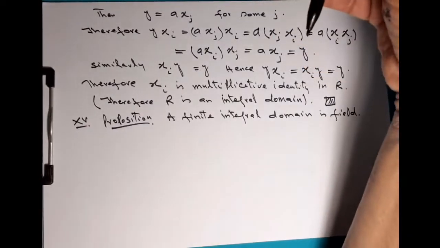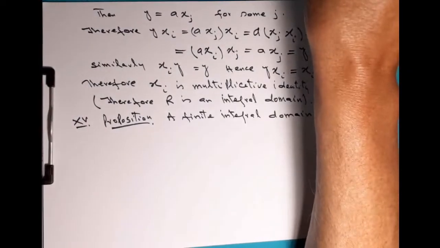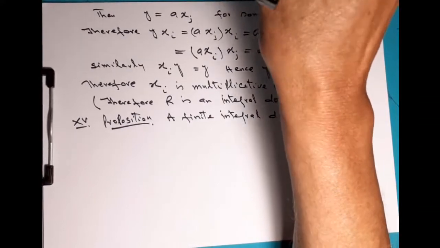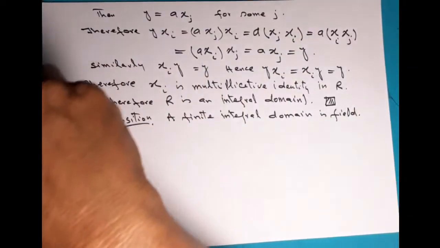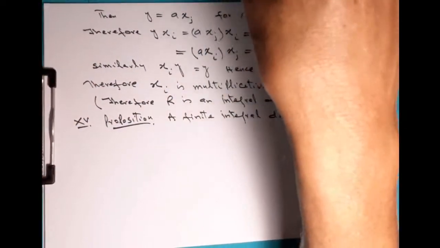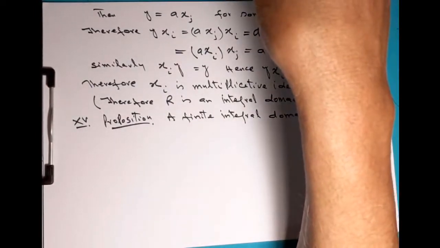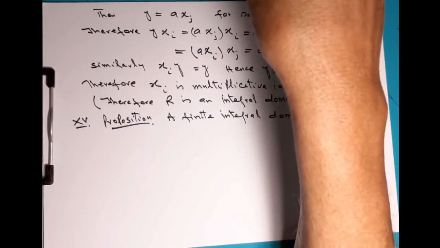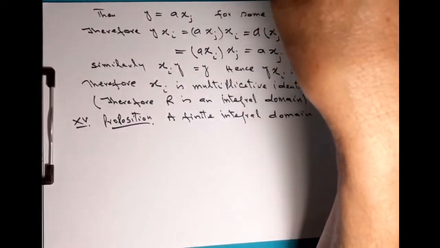I just recalled your knowledge that a field is a set with two binary operations. Under the first binary operation, it is an abelian group. The second binary operation, multiplication, distributes over the first. And then if we remove the identity element of the first binary operation, mostly called 0, then the remaining elements of the set form an abelian group. That is, multiplicative inverses also exist in this particular ring. So this is the definition of a field.